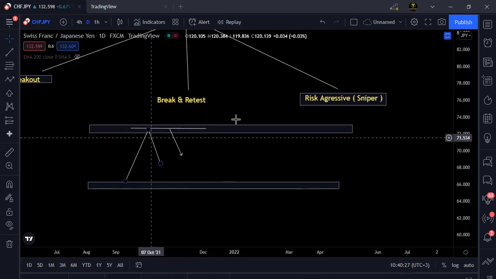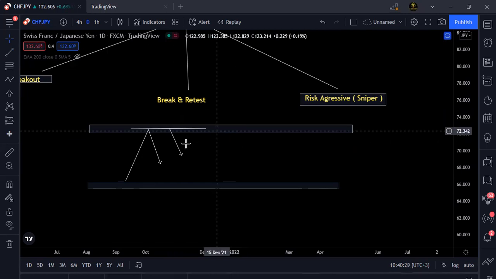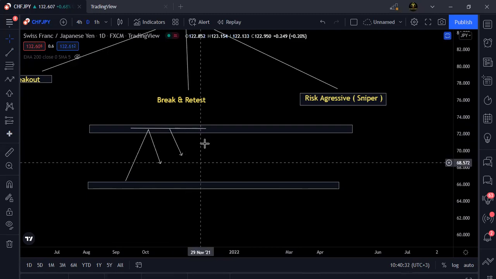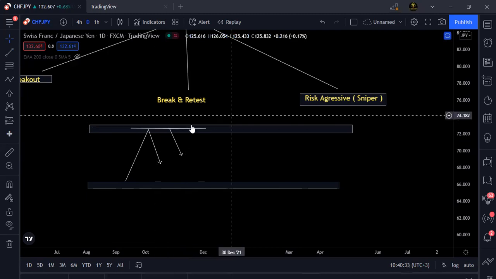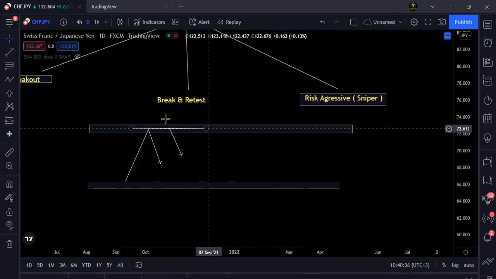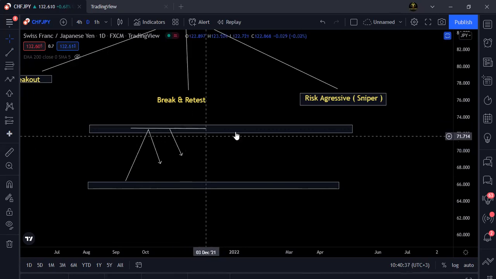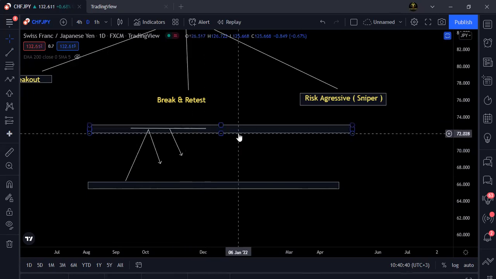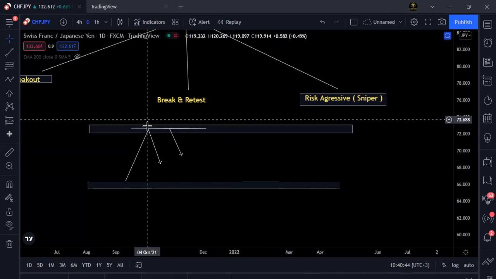But it has to be a strong market structure. Otherwise, it's most likely going to be broken and it will not hold value. So the most important thing about these risk entries is that it has to be a confirmed strong market structure, right? Otherwise, it won't hold any value.